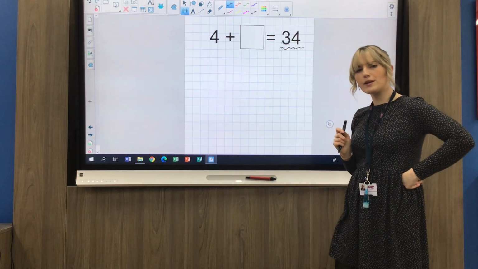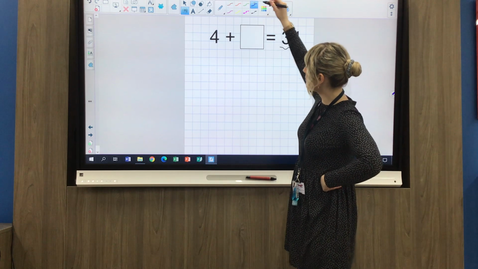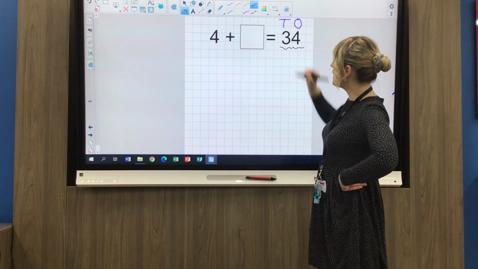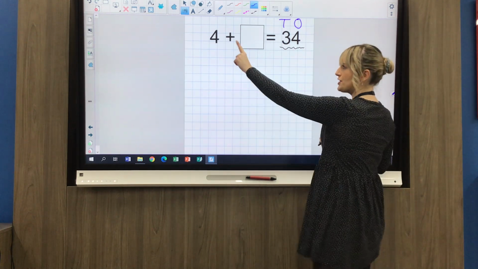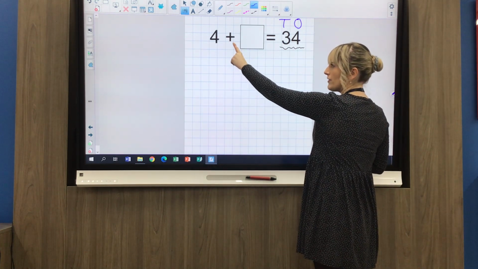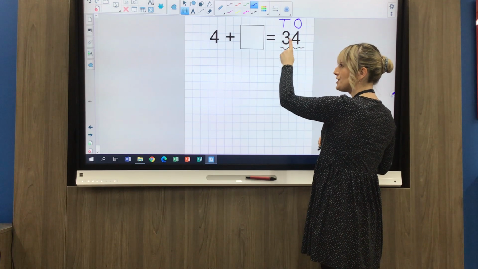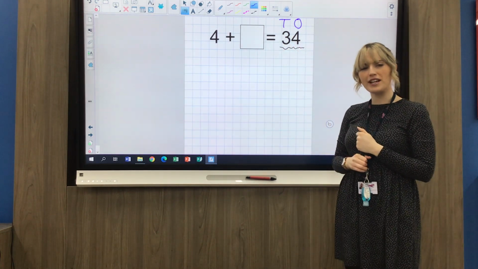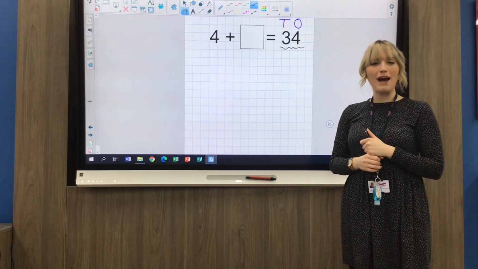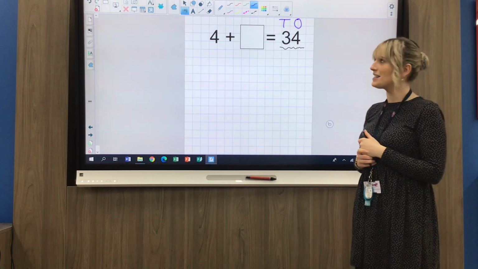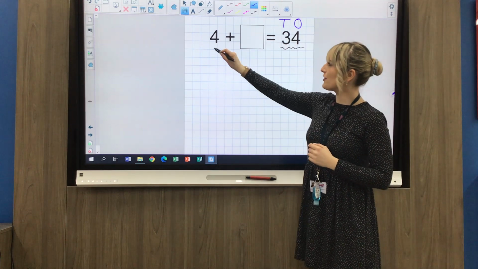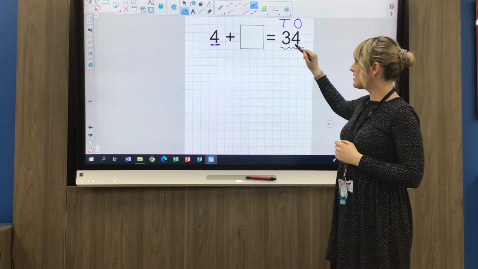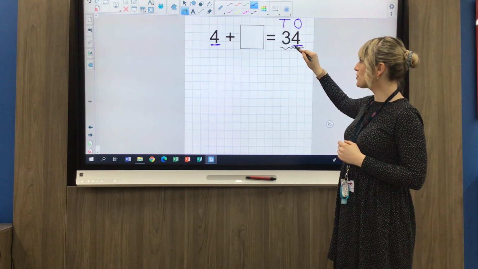So I've got 4 add something is 34. Now, if you look at the place value of 34, if we look at our 10s and our 1s, we've started with 4, we've added something, now we've got 34. What do you spot about that if we think about our place value? You might know straight away what you've added. Well done if you've spotted that the 4 we've added is our digit in the ones column.